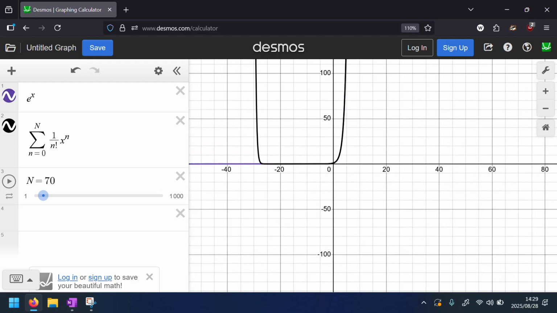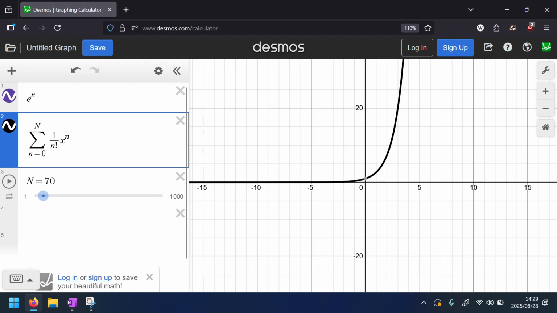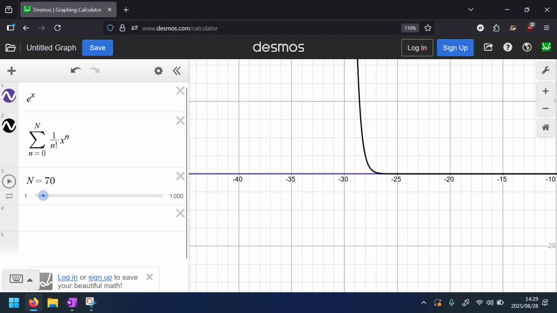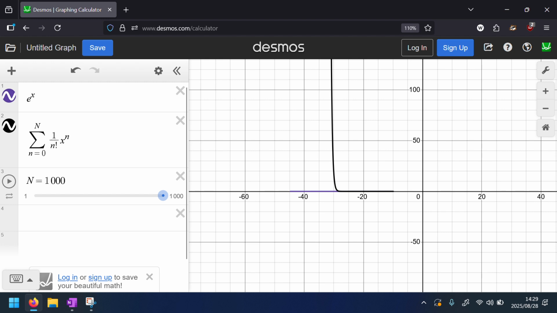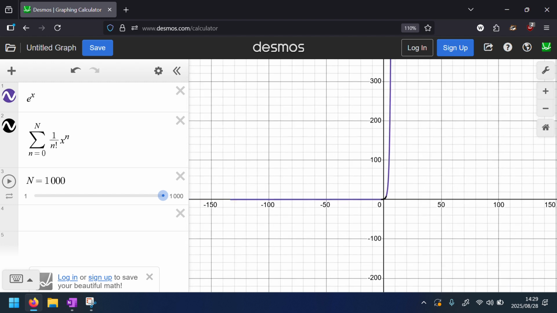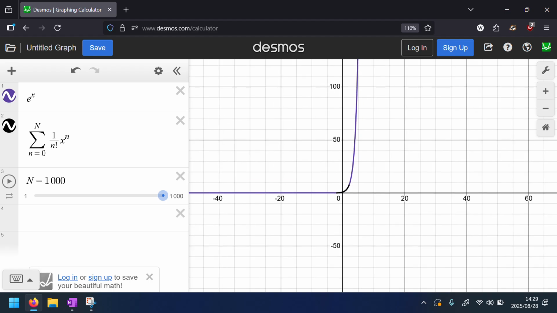Okay, so you can see the overlap. Over here, it doesn't overlap anymore. But we just increase N, and then you can see it starts going further and further. Okay, we can zoom out. Oops. Quite a bit there. Can't really see.